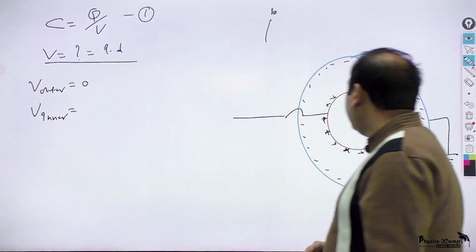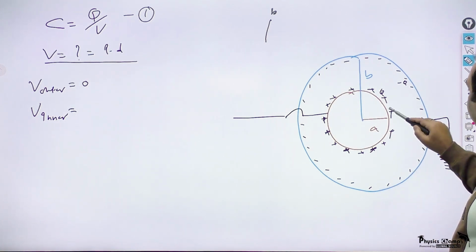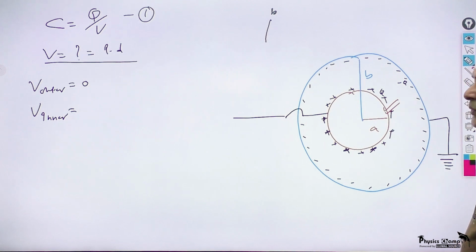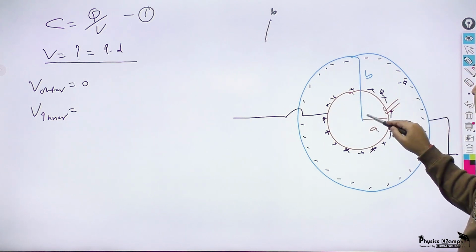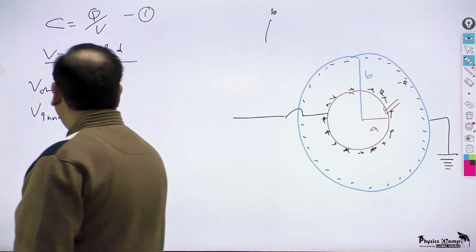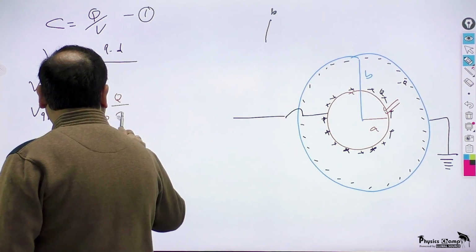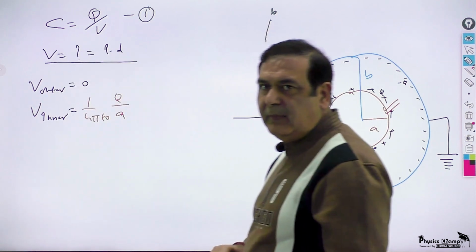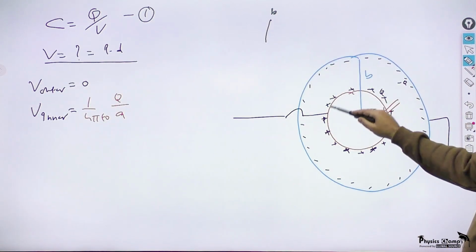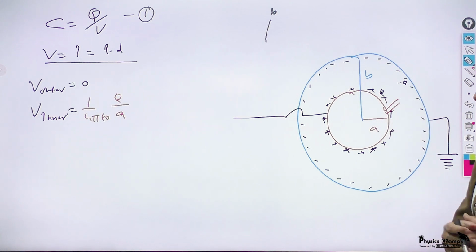There are two reasons for potential on inner shell. Number one, for this inner shell, this whole charge Q will appear as though situated at center. So due to its own, the inner shell will have a potential 1 by 4 pi epsilon naught Q by A. Potential on the surface of the inner shell will be 1 by 4 pi epsilon naught Q by A.